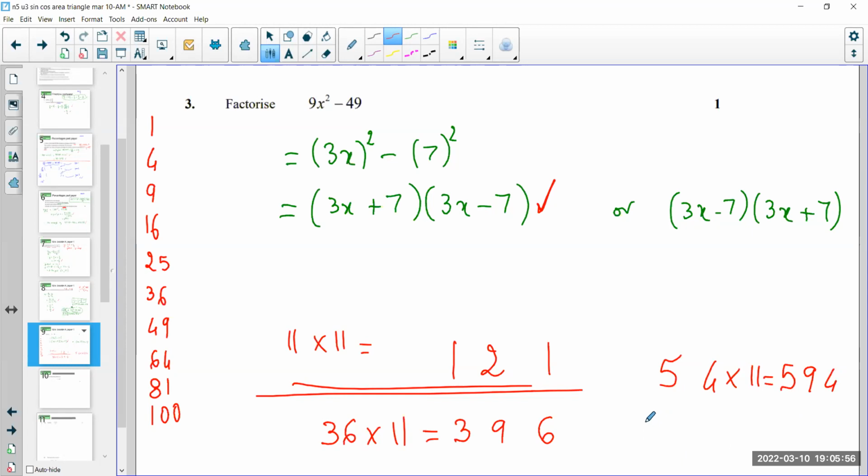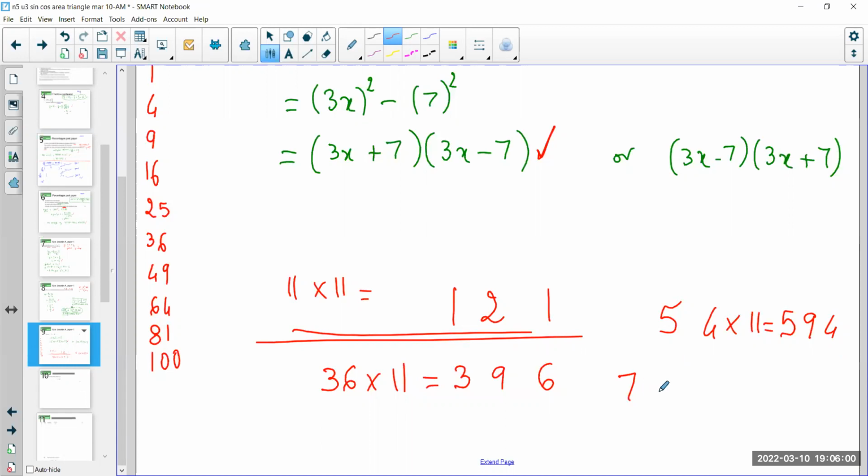Or you might say, what happens if you get 78 times 11? Can someone guess what 78 times 11 is going to be? So I'm going to put 7 and 8 aside. What is 7 add 8?